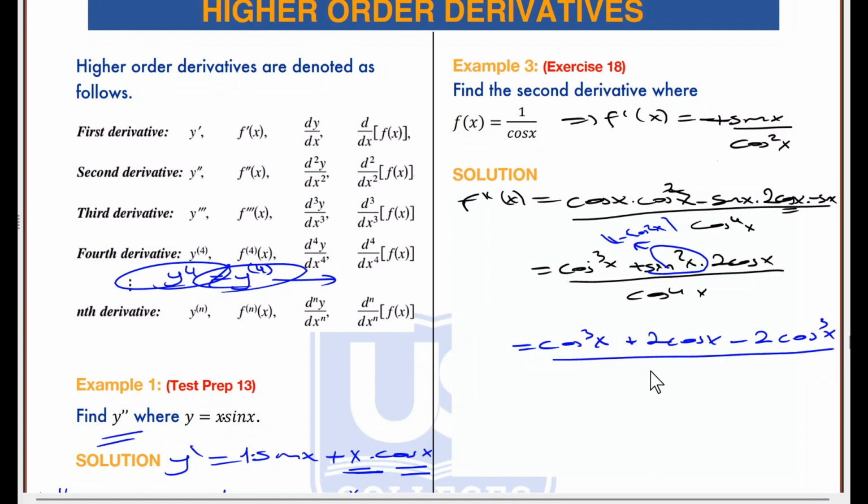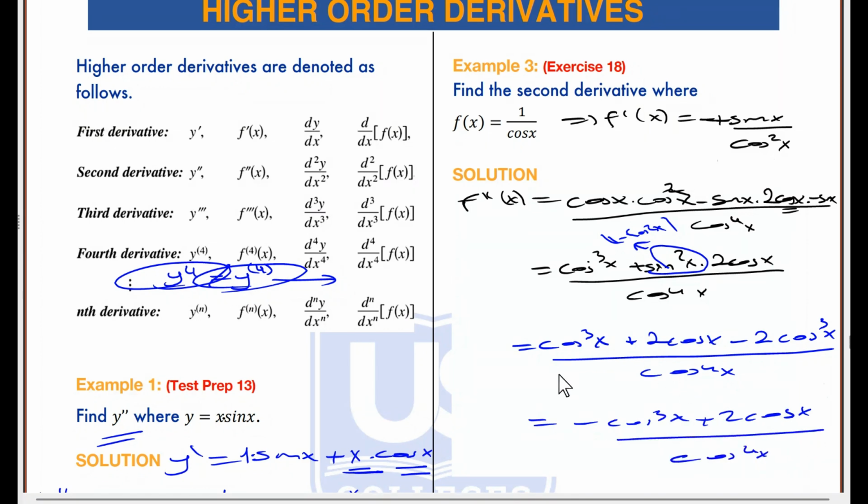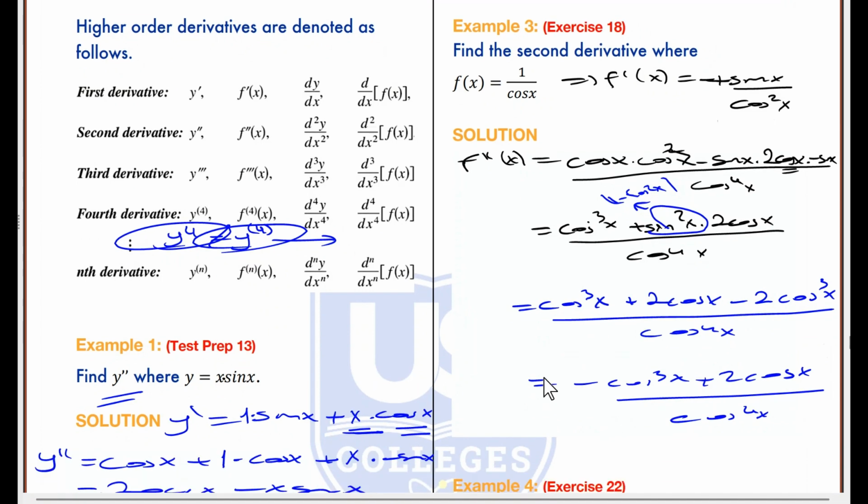Still, it's not simplified. Now I can see cosine cubed minus 2 cosine cubed, which makes minus cosine cubed. And I also see a common factor, which is cosine at the top. Cosine is common, so take cosine x out.